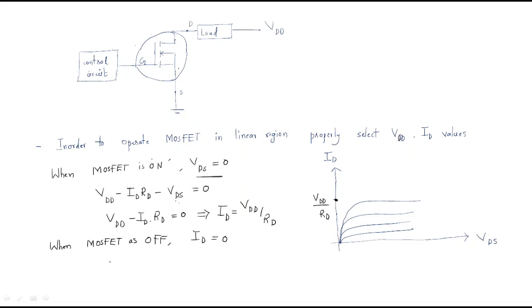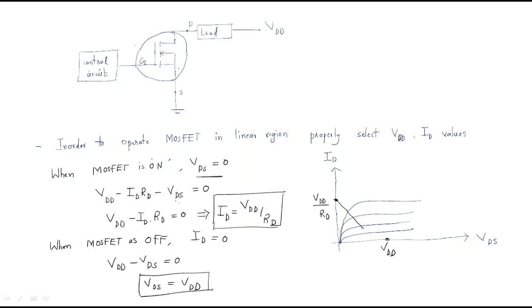Then VDD minus VDS equals 0, so VDS equals VDD. We can write VDS equal to VDD here. Then combine these together.